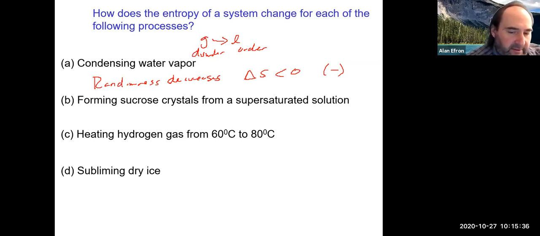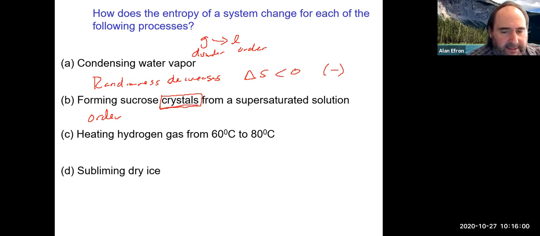When we form a sucrose crystal from a supersaturated solution, the idea here is the crystal part. Typically when you form a crystal, that's a solid state, a pretty good solid state. Usually in those cases you have a lot more order happening. In the solid state, things are going to be more ordered, and forming a crystal is a pretty ordered arrangement.